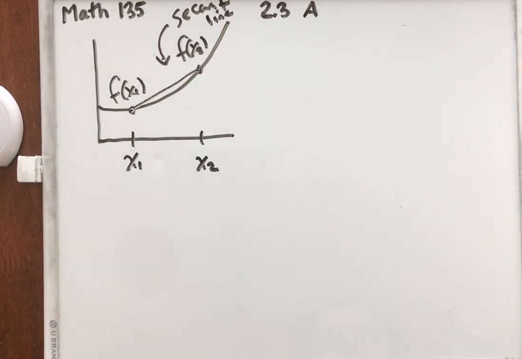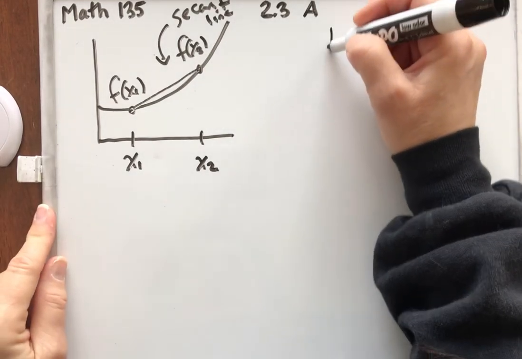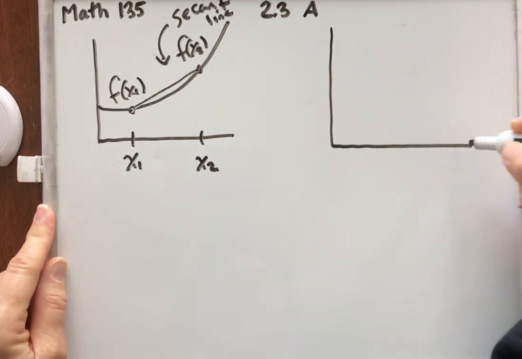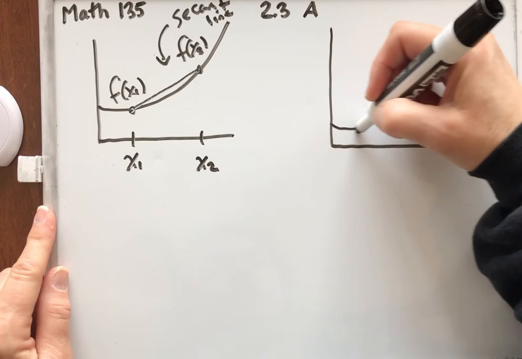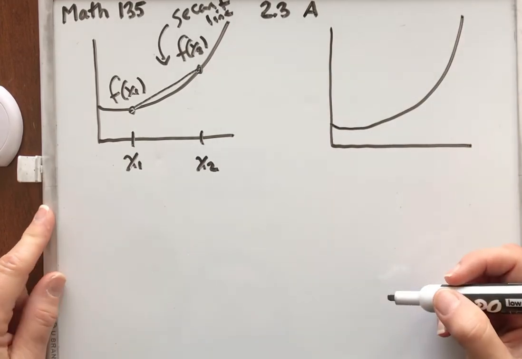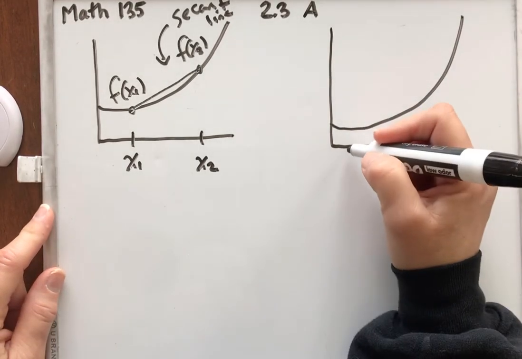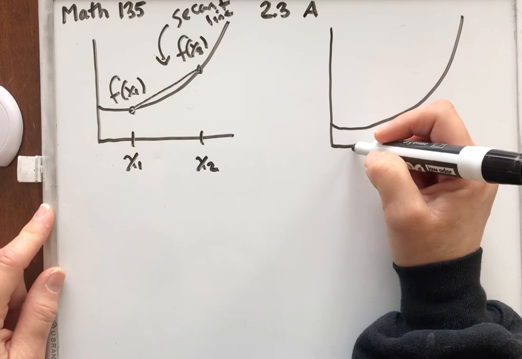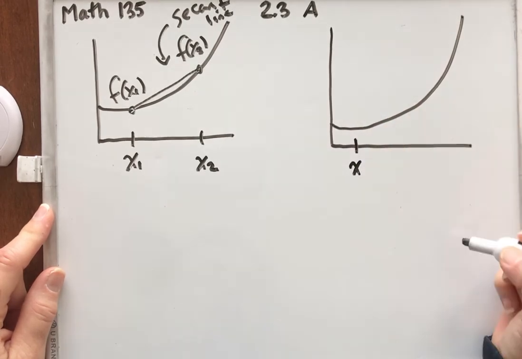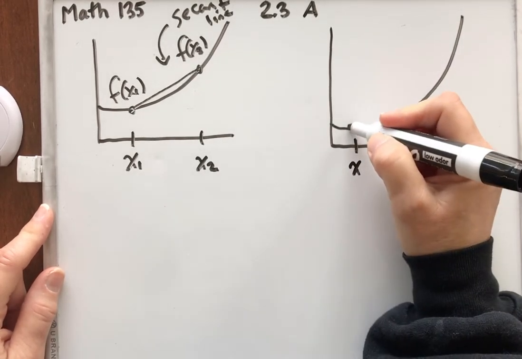Okay, now let's draw another graph. Same kind of graph. Make it really curvy. There we go. So I can show you an example. All right, let's say we have x. Here's f of x.